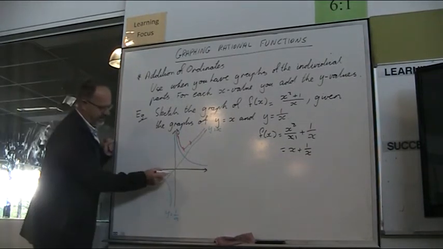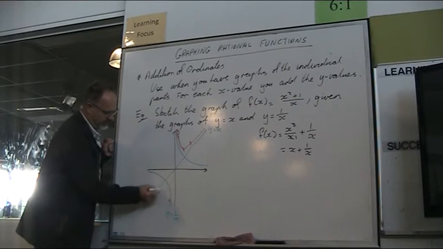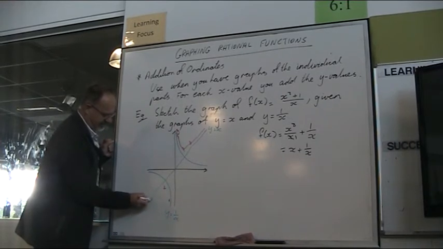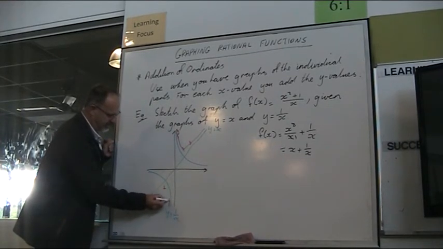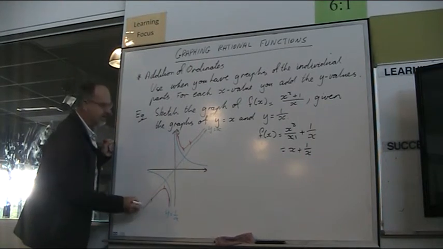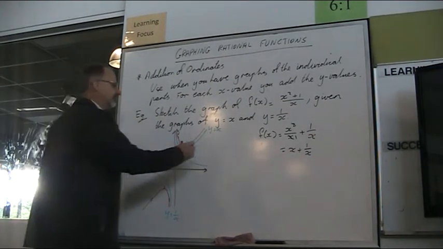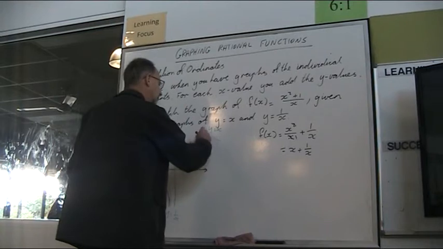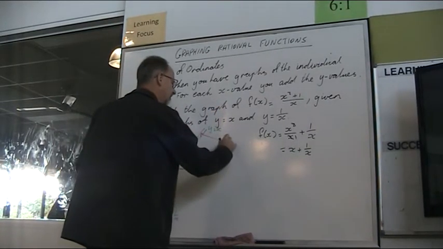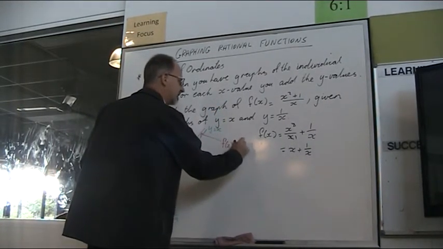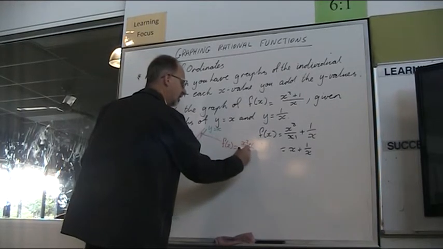And over here, green plus blue, you get the same kind of thing. Like that. So the red one is f(x) equals x squared plus 1 over x.